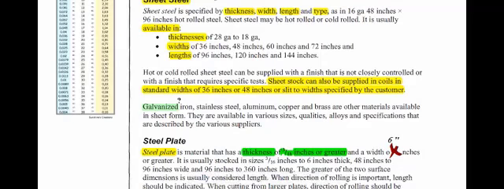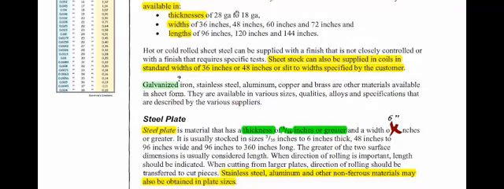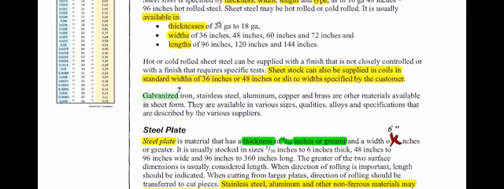Sheet steel is measured in gauges, so 28 gauge to 18 gauge thickness, which means the higher the number, the thinner the gauge, or the thinner the sheet steel. For example, 28 gauge will be thinner than 18 gauge.